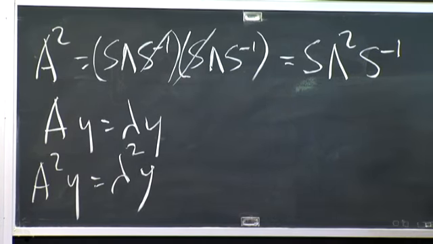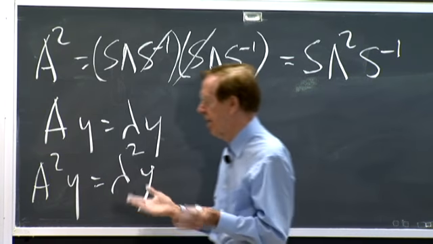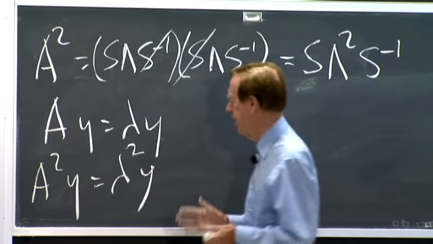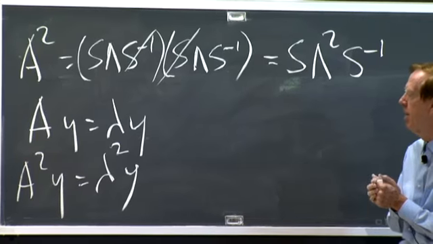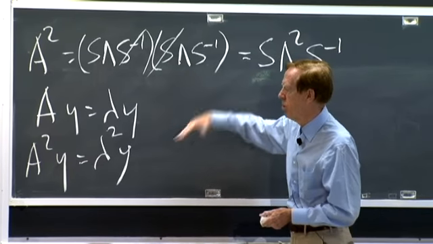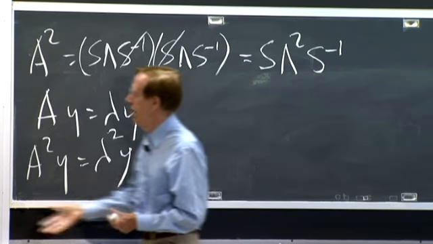You should just see that when you've got these directions, then your matrix is really simple. Effectively, it's a diagonal matrix in these good directions. So that just shows one way of seeing it.